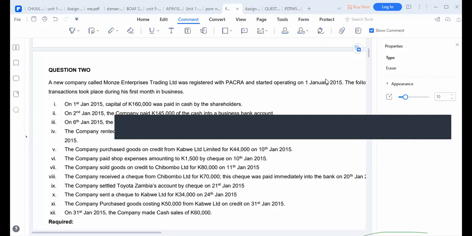The 2 types of shareholders? We have ordinary shareholders and which ones? And the preference shareholders.